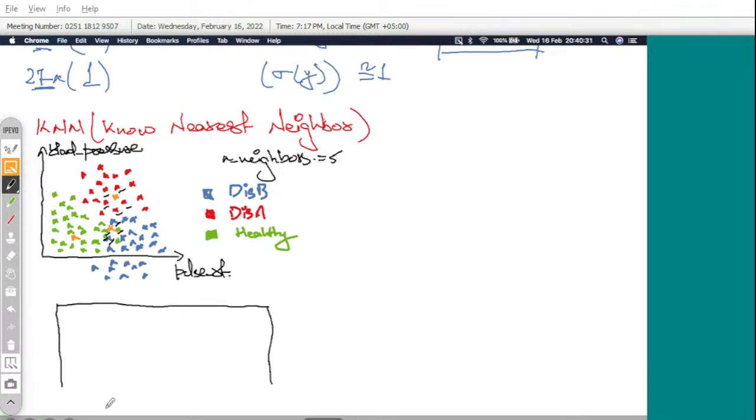Okay, now whether a given problem is classification or regression, in order to decide that, what do we need to observe? The target, right? Correct? Awesome.